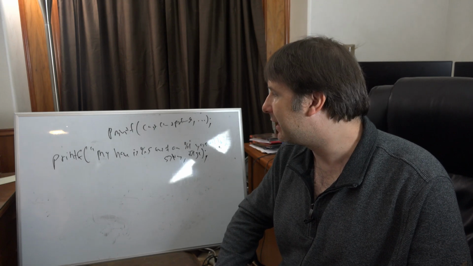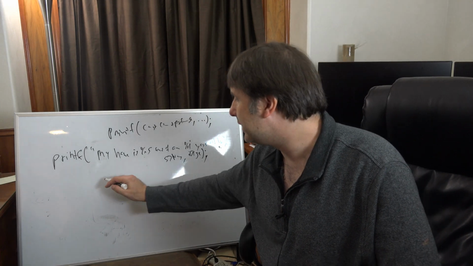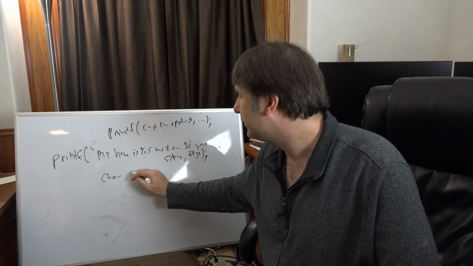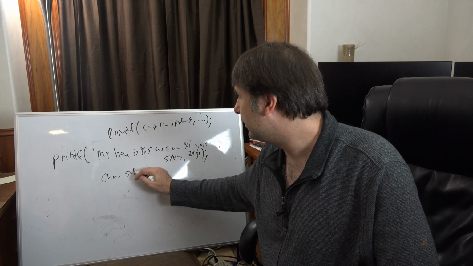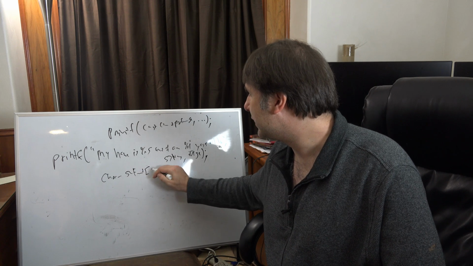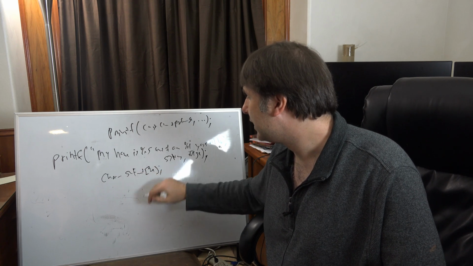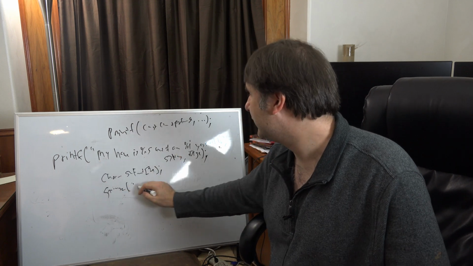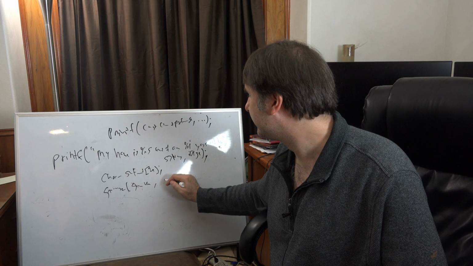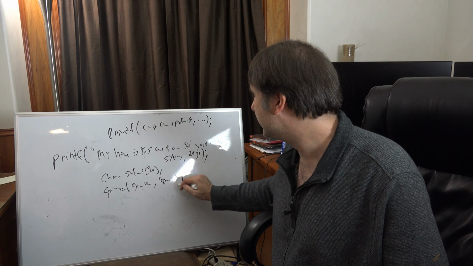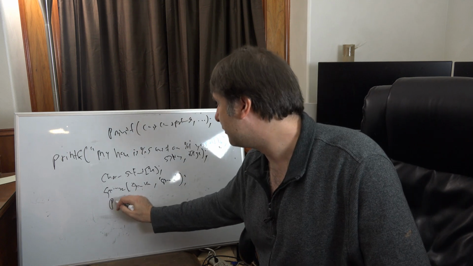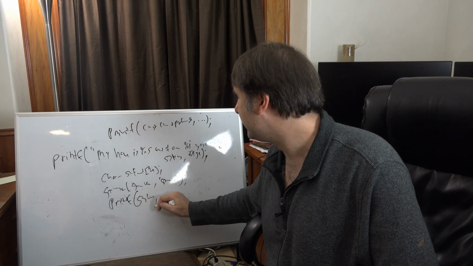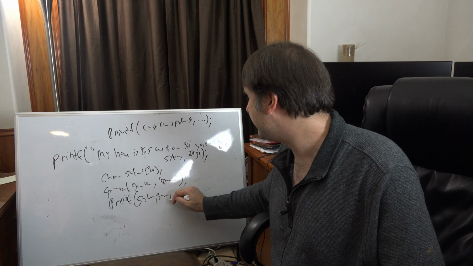As a local variable, I can do char szFormat[25], and I can do a string copy of this same string into szFormat. Then I can do printf(szFormat, szName, iAge).